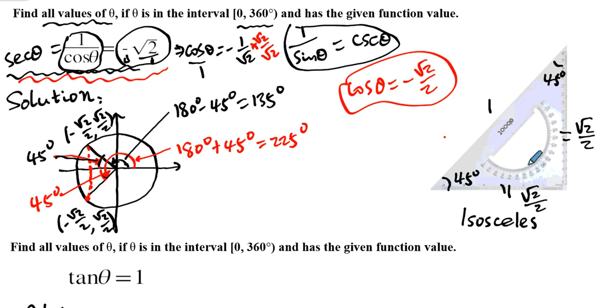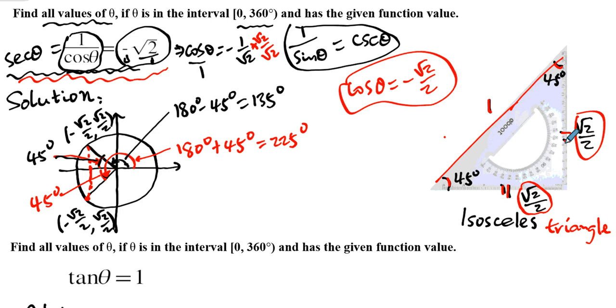This is an isosceles triangle. If the hypotenuse is 1, you then have a radical 2 over 2 on one side. Another leg is also radical 2 over 2. Those two angles are equal, and those two sides are equal.